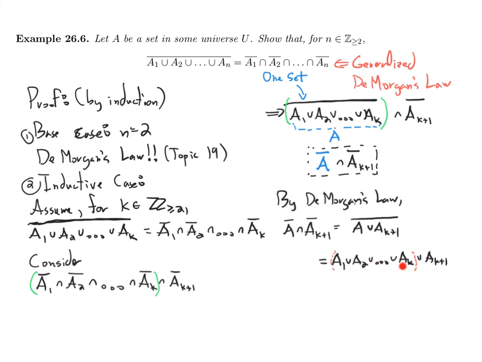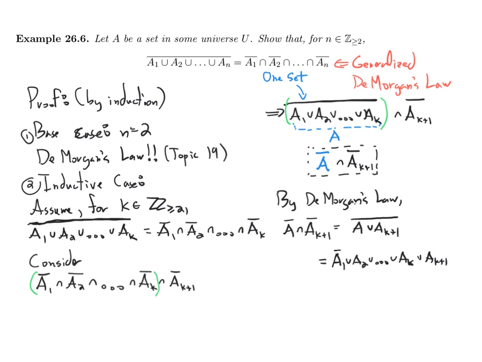So we can use the associativity property just to drop those brackets. So maybe I'll just do that. We'll get rid of this here. Let me clean that up a little bit, but that's the idea. There we go.